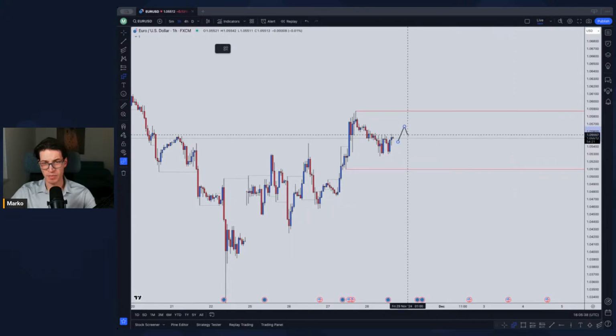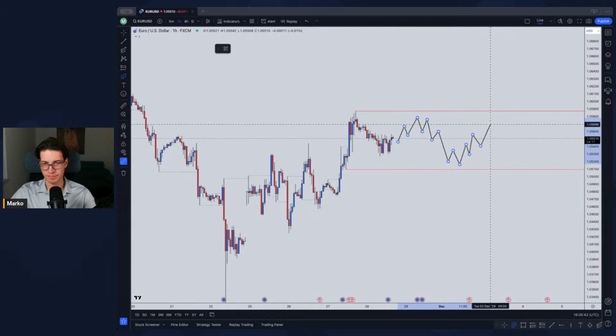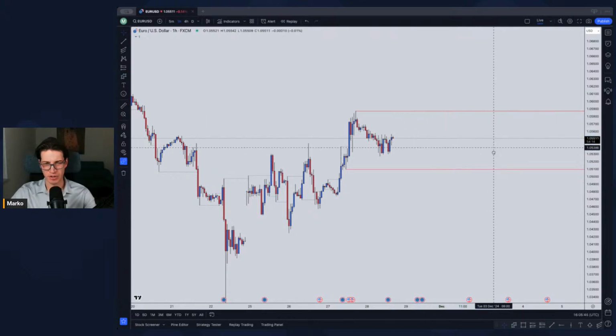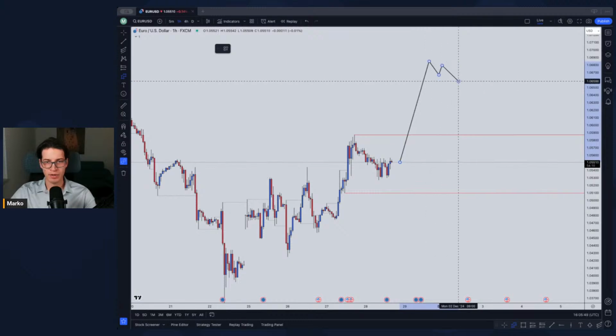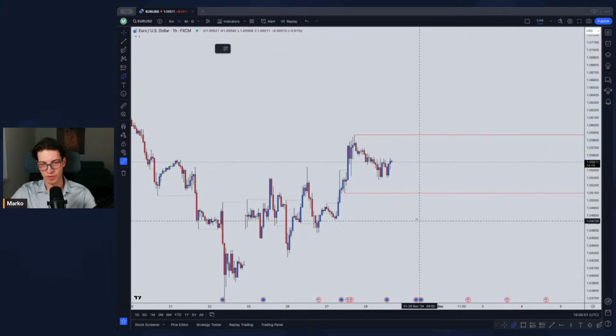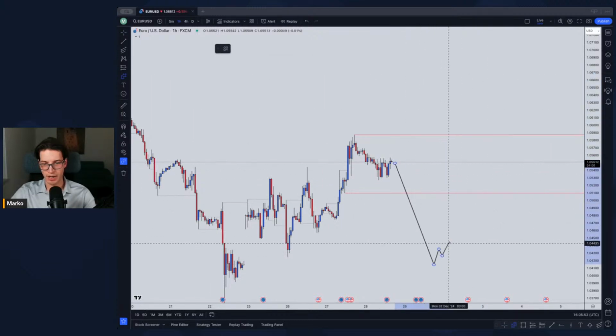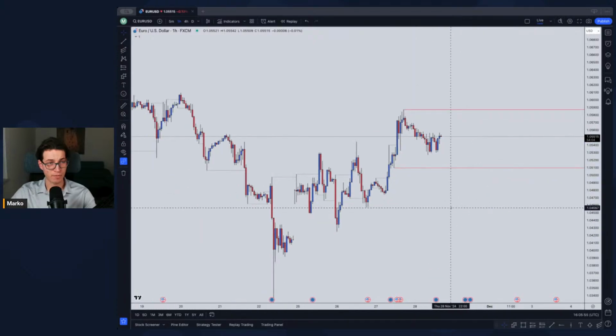I do expect more range-bound price action, especially for tomorrow, because I don't think much activity is going to happen. I am looking for just a large push up or a large push down, as always. That is what I'm looking for.